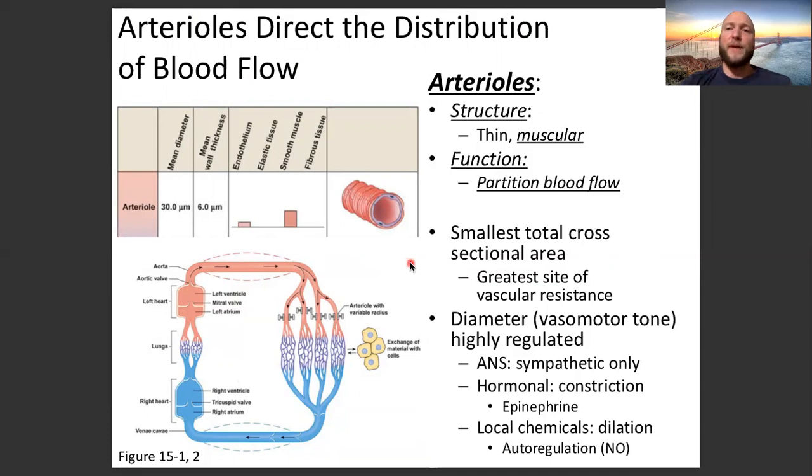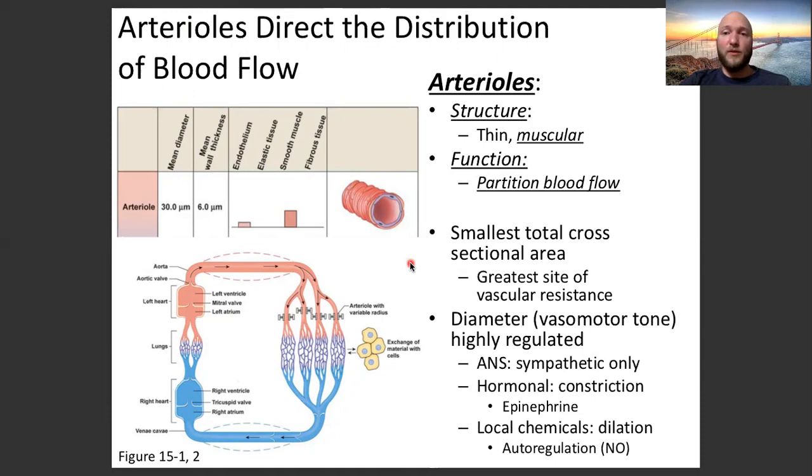If you remember back to our first class, I talked about how the rabbit can send more blood to its ears or less blood to its ears. It's arterioles that decide where that blood is flowing to. When you put your hand in ice water, or just on a cold day, you go outside without gloves on and your hand might get a little pale.